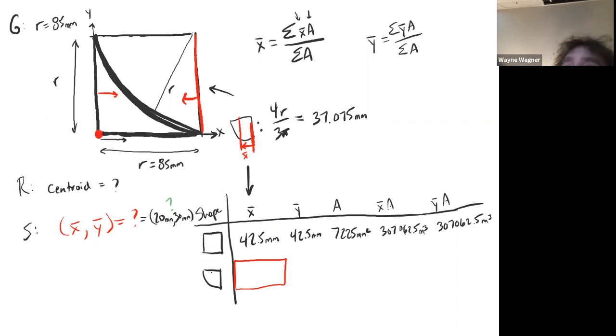Yeah, so we go this way, 85, and we come back this way, 37.075 to get to the centroid of that thing, and the X coordinate of it. So it's somewhere along this line. Okay, so let's see. So we'll do 85 minus 37.075, and we get 47.925. 47.925 millimeters. Okay, what do you think is going to happen in the Y direction?